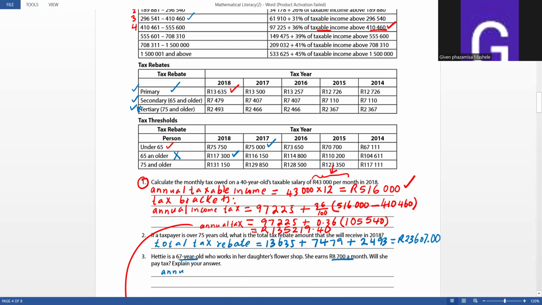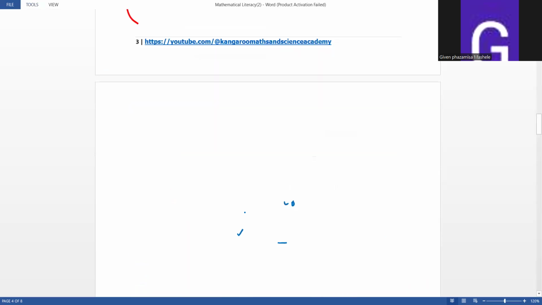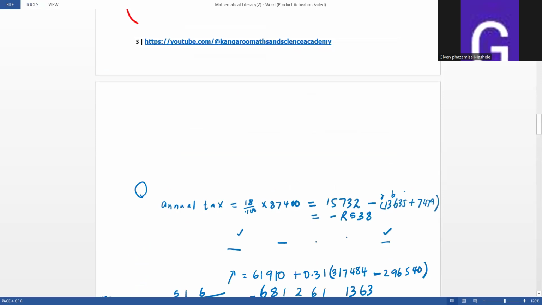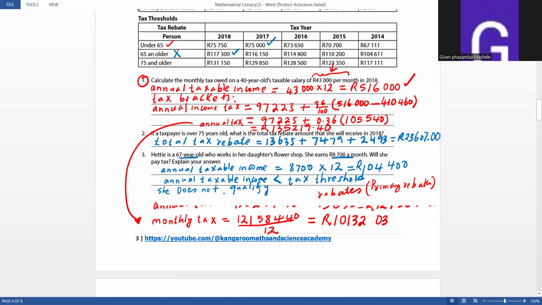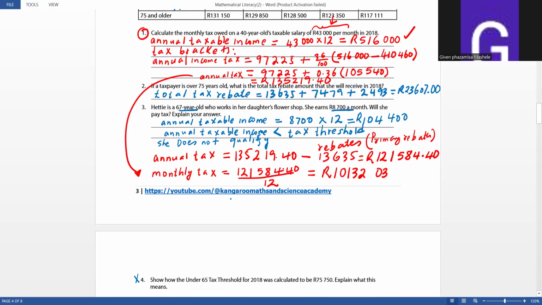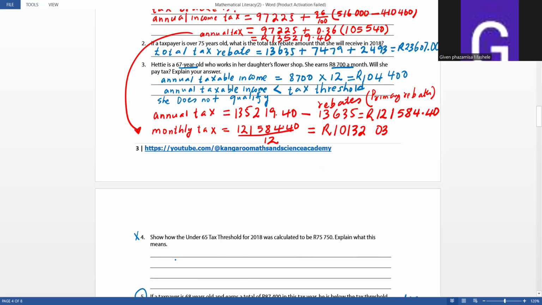Let's now calculate the annual tax. The annual tax will be 18% of 75,750.